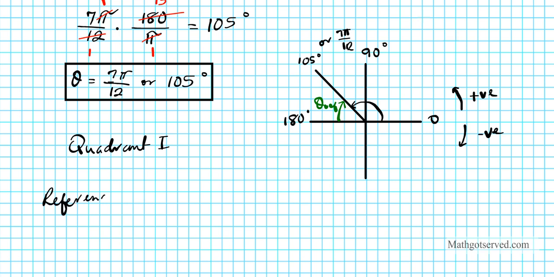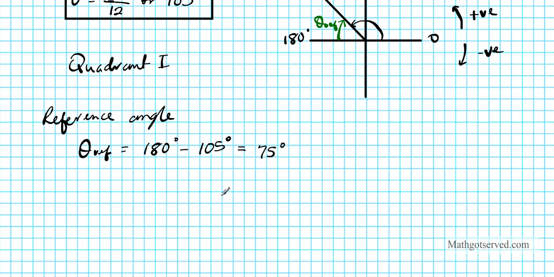Our reference angle theta ref is going to be 180 degrees minus 105 degrees. So that's simply going to be 75 degrees. 75 degrees is our reference angle in degree form.